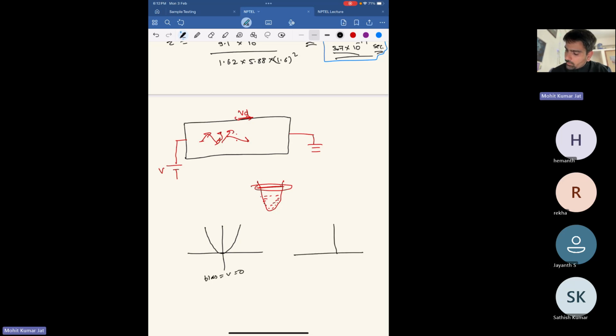When you apply a bias, your band will be tilted somewhere like this, and this picture tells that this is how the electron flows. This is from the Drude kind of picture, with finite bias: band bending. But this picture is not very right.